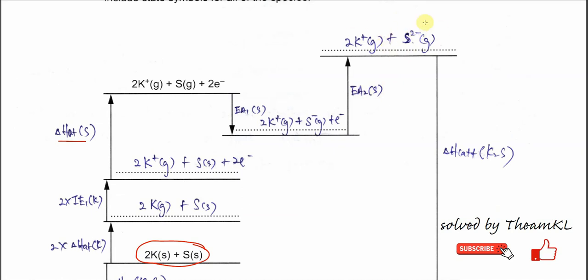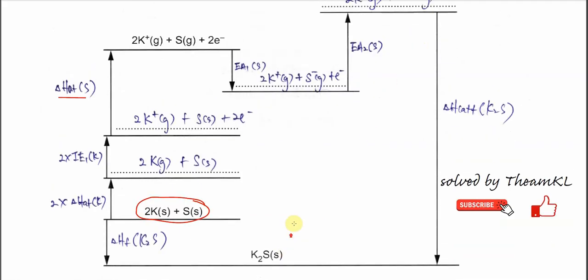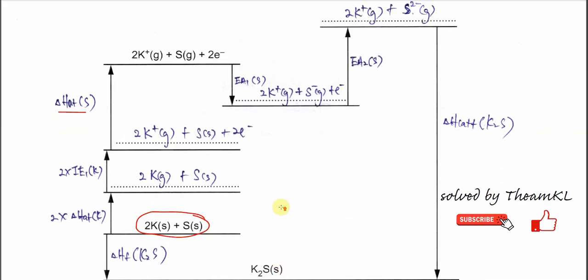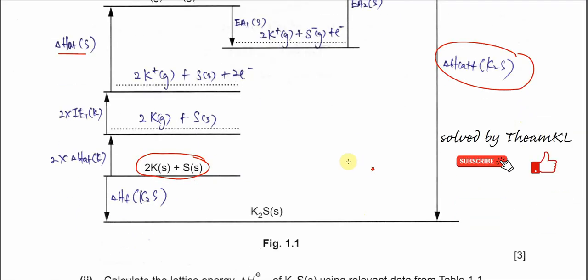These gaseous ions now combine to form the solid, and the enthalpy involved is the lattice energy. Okay, so this is a complete Born-Haber cycle from all the information given.